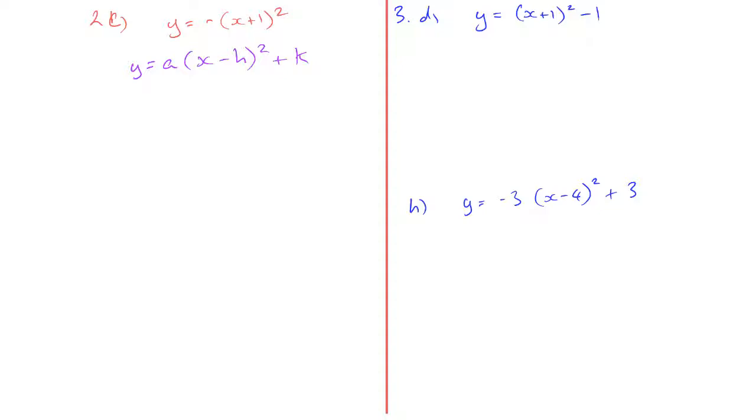So in this case, we end up with y equals negative, outside of (x minus -1) all squared plus 0. So h equals -1 and k equals 0. So the turning point is -1, 0.